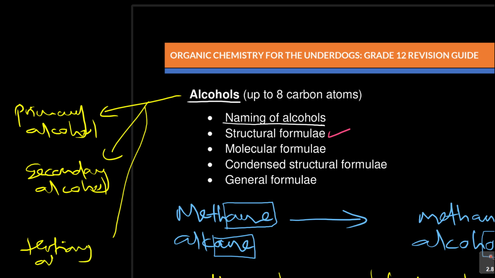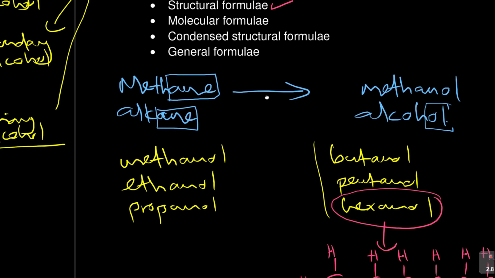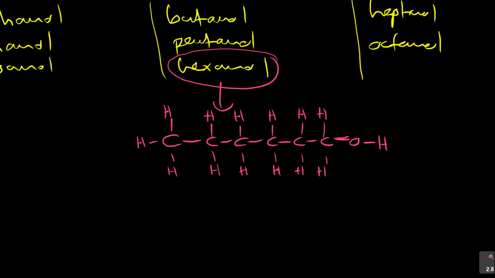It's a lesson for another time, but just appreciate that there are 3 types of alcohols. Here I'm looking at a primary alcohol. Are you with me? Now that is a primary alcohol. It is called hexanol, because the OH is at the end. That is a primary alcohol.